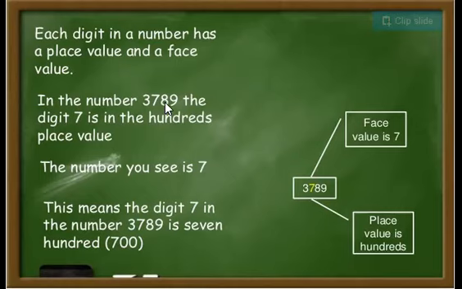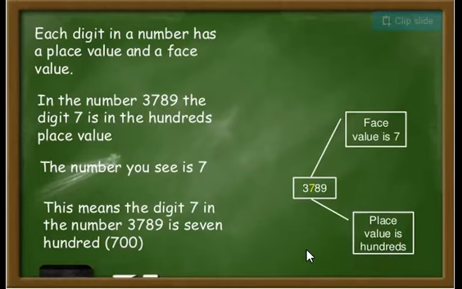In the number 3789, the digit 7 is in the hundreds place, because from the right side we count ones, tens, and hundreds. The number you see is 7. That 7 we consider as our face value, and its position is hundreds, that means its place value is 100.